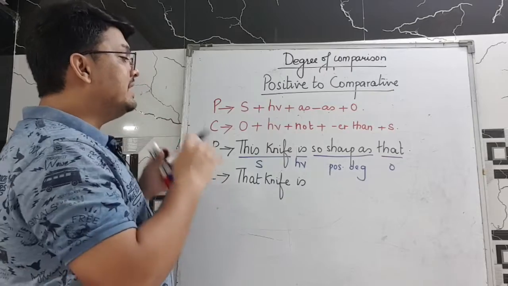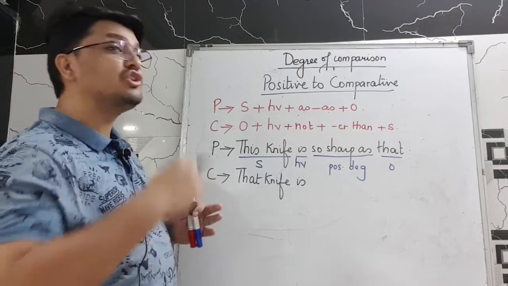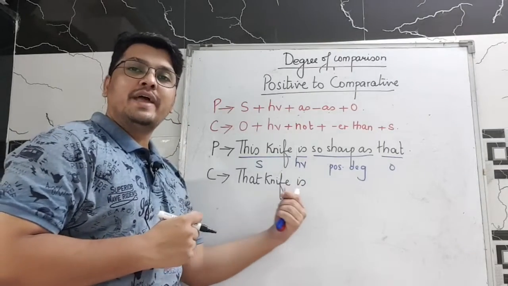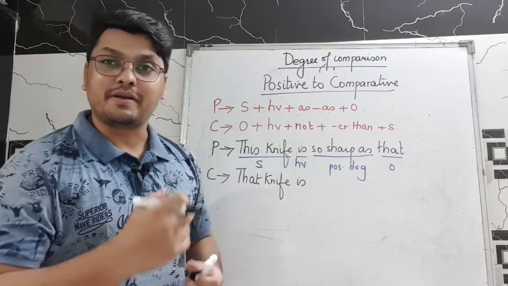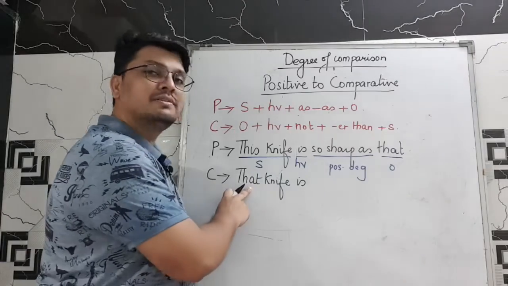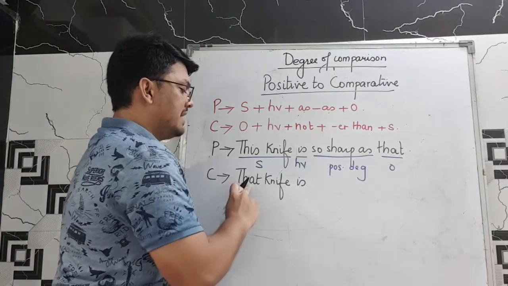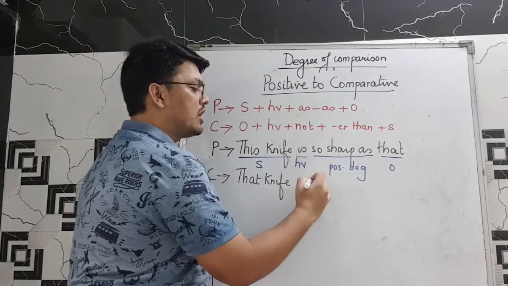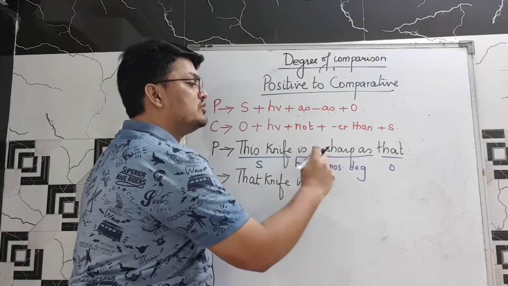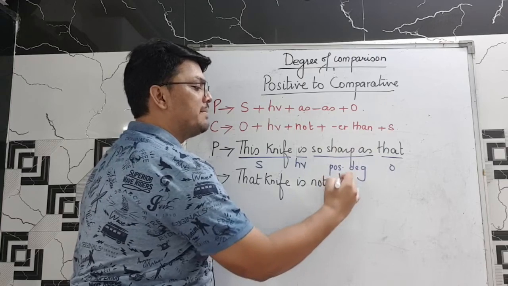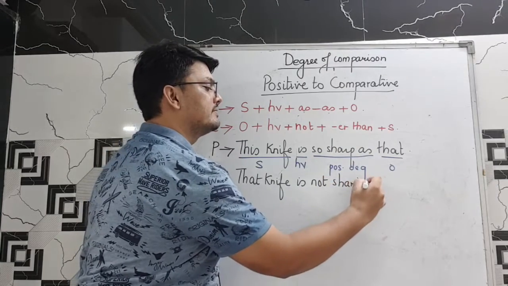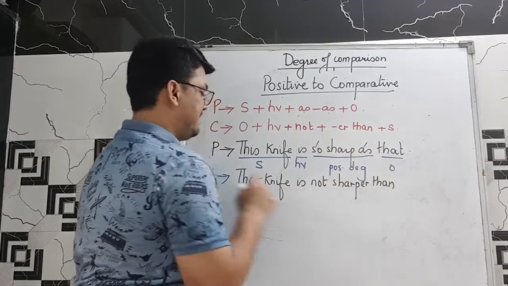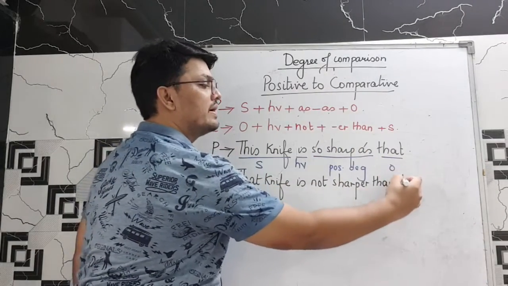Suppose this knife is so sharp as those. If I put those over here, the helping verb will change into are. But here I have used singular, so I'll use is. That knife is. Okay, then you have to place what? Not. So sharp as will become sharper than. Means you will cancel this too. Sharper than, and bring subject over here. This one.